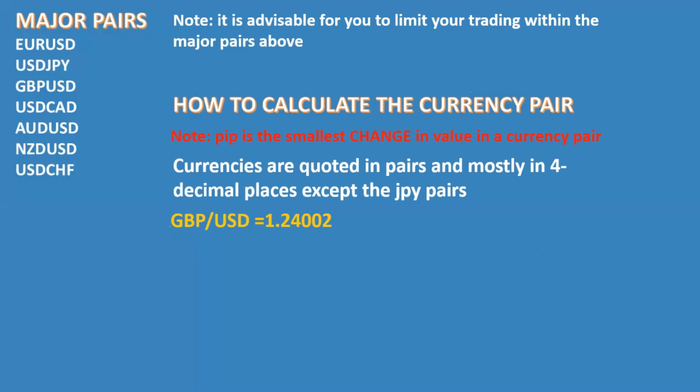It is called a pipette. So these 4 values, 1, 2, 3, 4, are the 4 decimal places that most currencies are quoted in. But this last one is called a pipette.